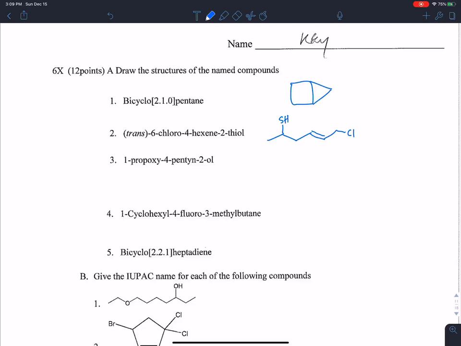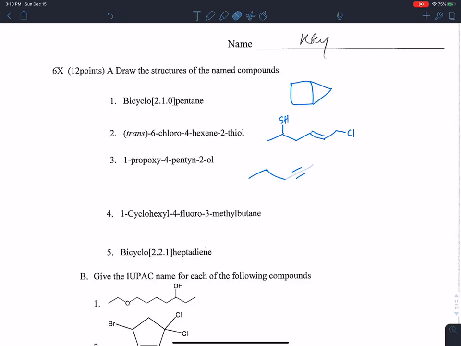Cool. Next one. 1-propoxy 4-pentyne-2-ol. Okay, so let's make a pent-2-yne. So this is the triple bond. No, it's 4-pentyne. 1, 2, 3, 4.